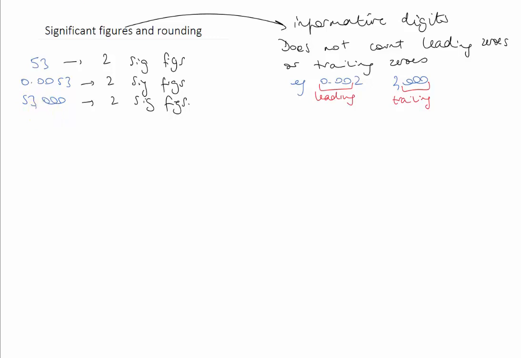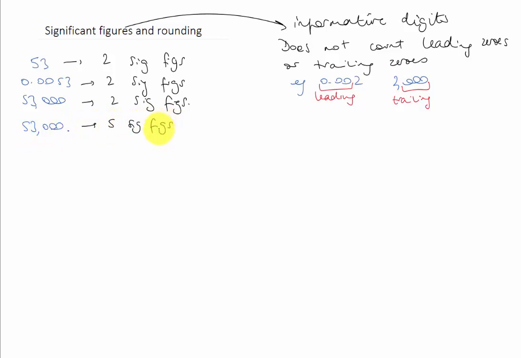Apart from if we add, at the end of our 53,000, a decimal place, that means that we really mean it. It really is exactly 53,000. We haven't rounded it, we haven't estimated it. So now this number has 1, 2, 3, 4, 5 significant figures.